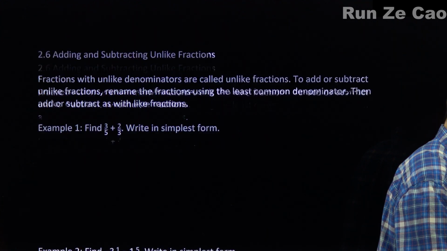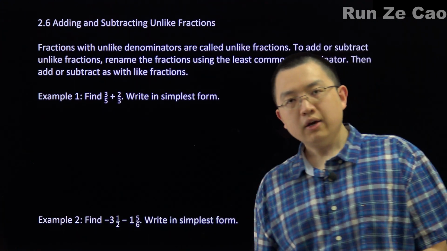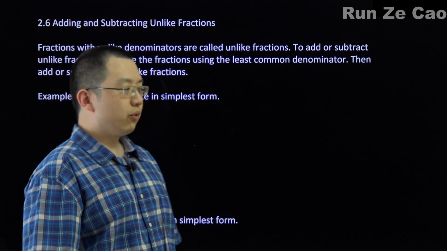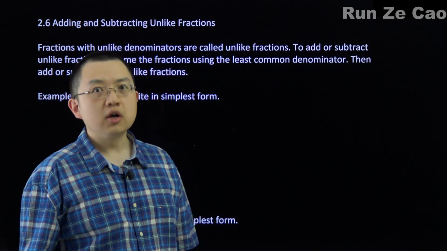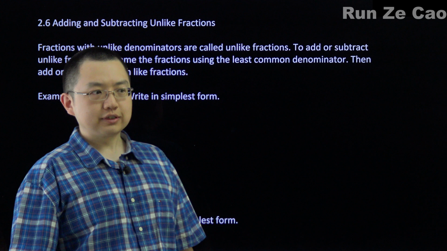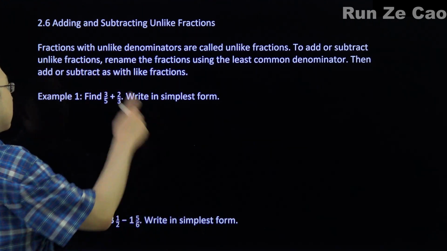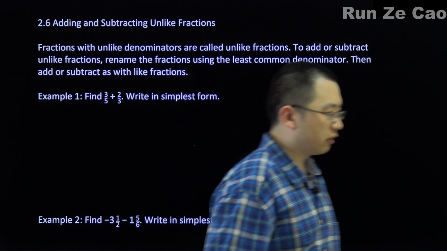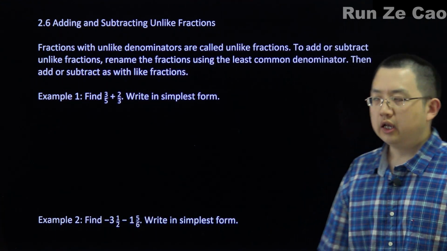What if the denominators are not the same? Well, then these are called unlike fractions. How can we add and subtract them? We make the denominators the same by using the least common denominator, so the smallest common multiple of the original denominators.